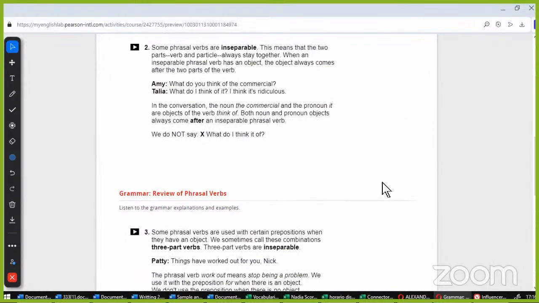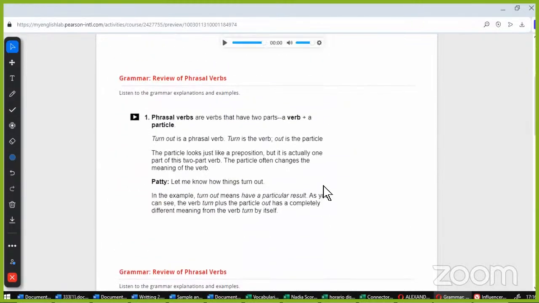Okay, so let's continue here. The first thing is that phrasal verbs have two parts, a verb and a particle, like turn out.